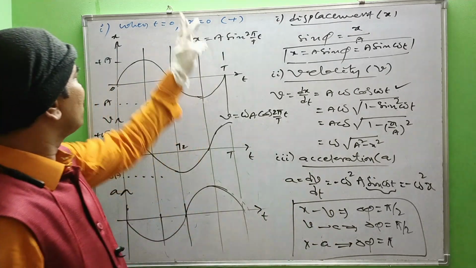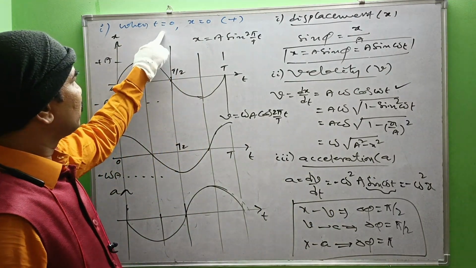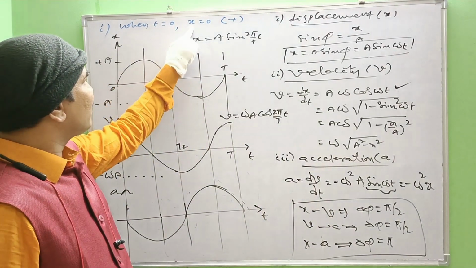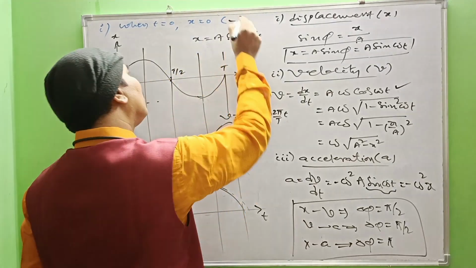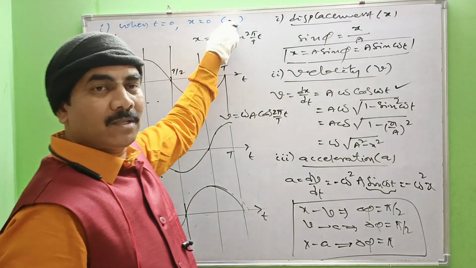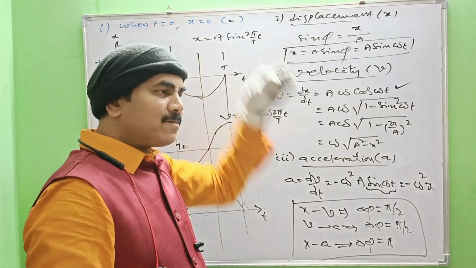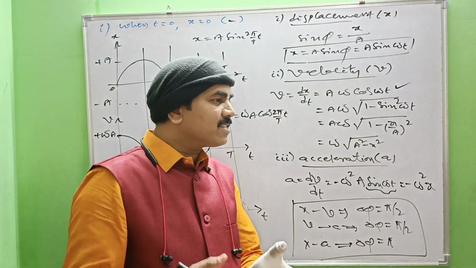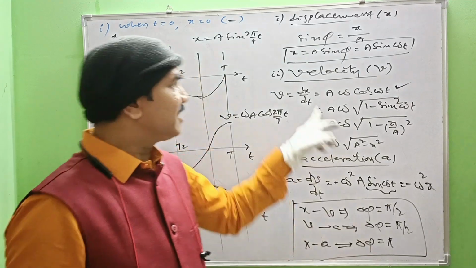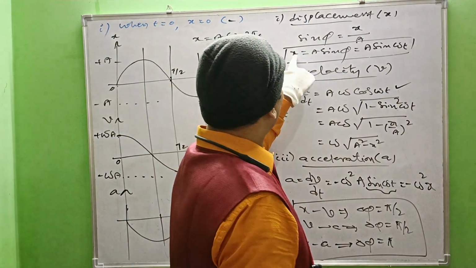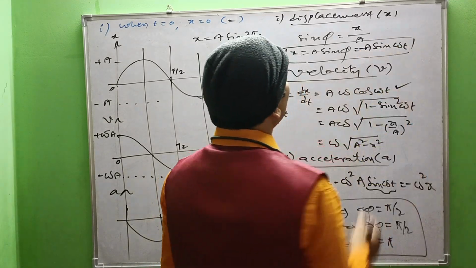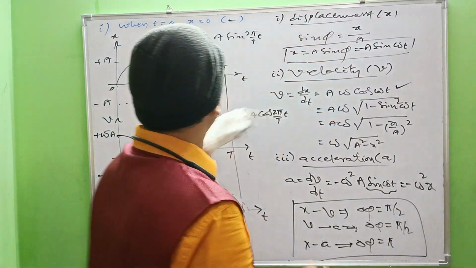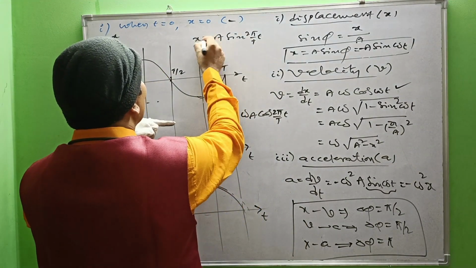Now coming to the other situation, when t equal to 0, the particle is at x equal to 0 but moving in the negative x direction. That is minus, not plus. It means when our observation starts, the particle is crossing the mean position in the negative x direction. Now here x becomes minus a sin omega t. So simply take the negative sign here.